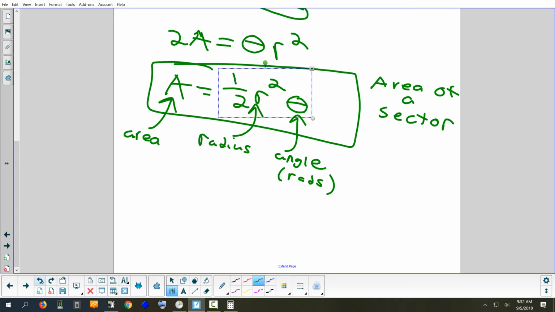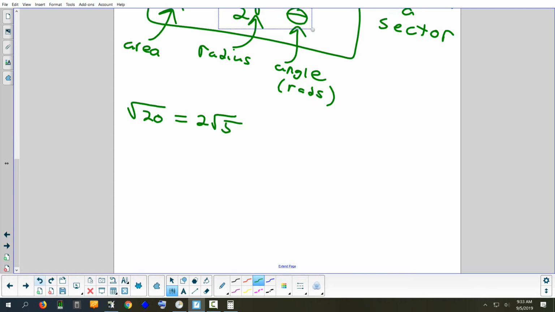You'd have to take a square root, okay? And remember, there's 2 things that can happen when you take a square root. You could end up with something like this, and you need to simplify it to something like that. So we talked about that on the first day. The other thing that can happen with a square root is you could end up with something like this. A square root in the bottom of a fraction.